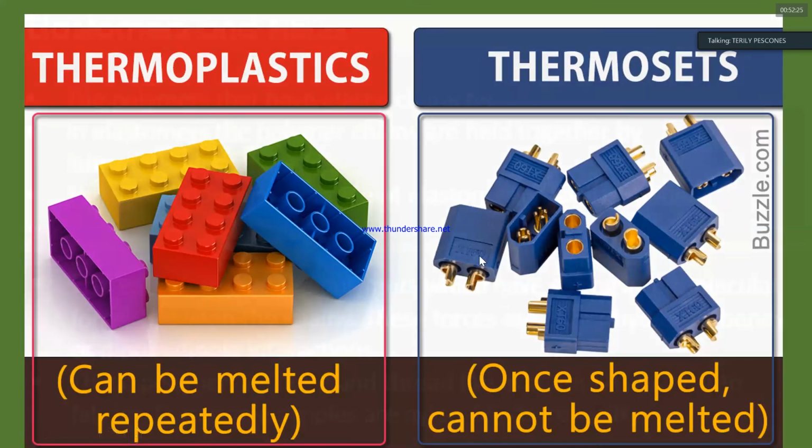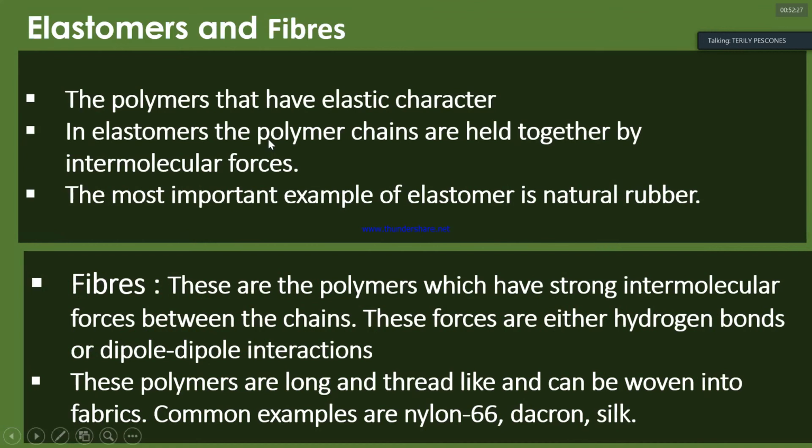So, elastomers and fibers, polymers that have elastic character. Okay, so from the word elastic, diba? Elastomers, the polymer chains are held together by intermolecular forces. So, example of elastomer is we have the natural rubber. Okay, then we have the fibers.